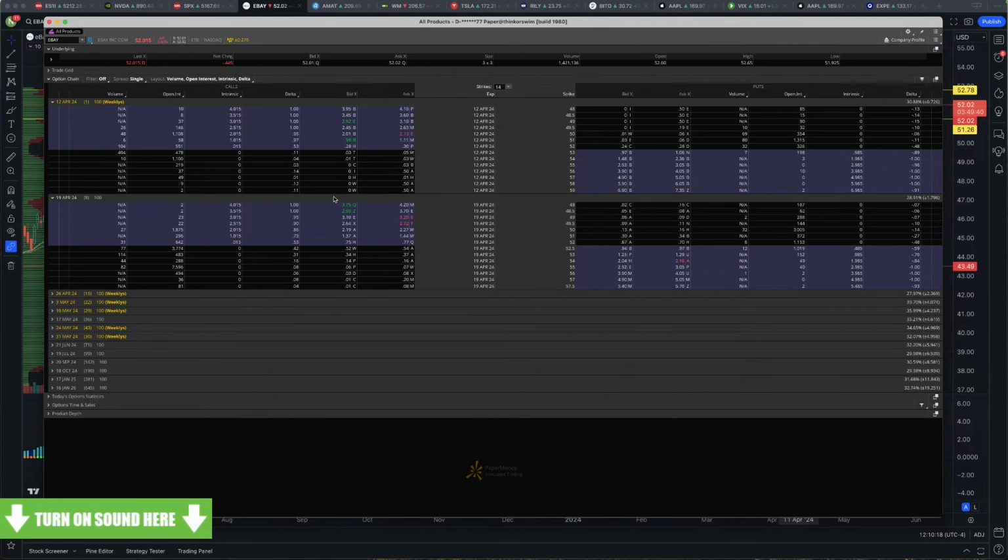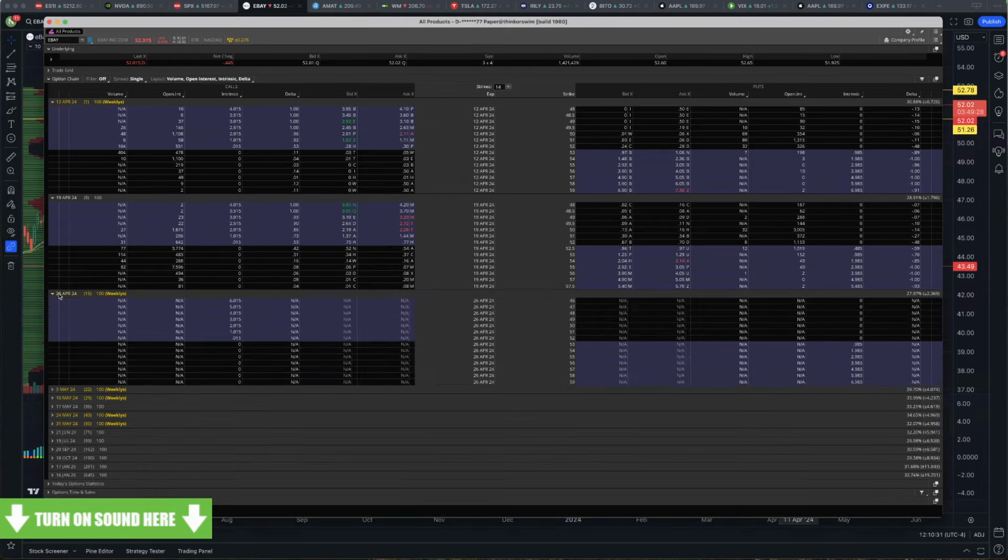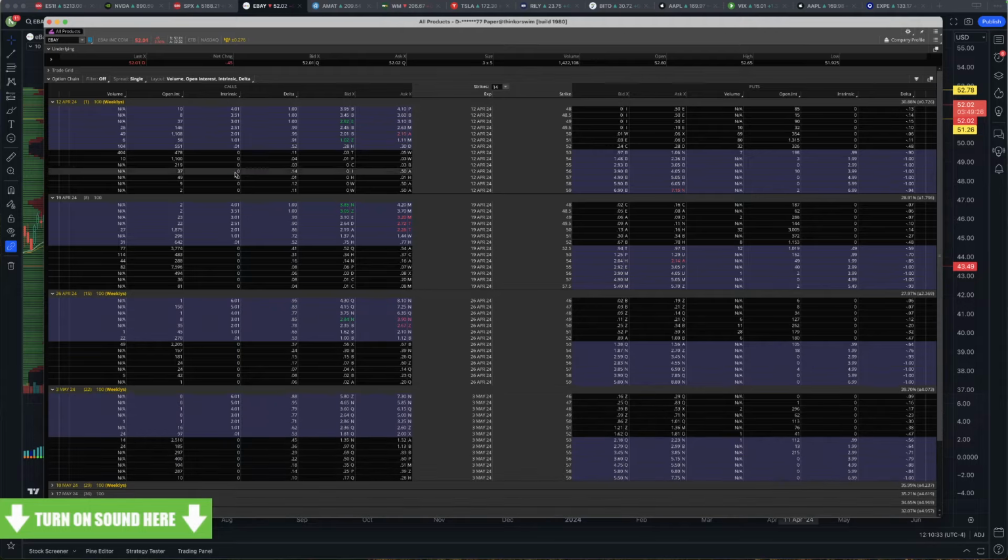All right. So there's a couple of things that we need to understand when we're buying or selling an option. We have strike prices here. These are our strike prices.